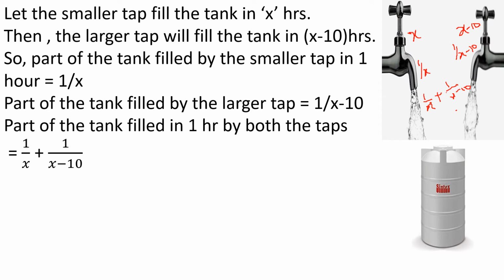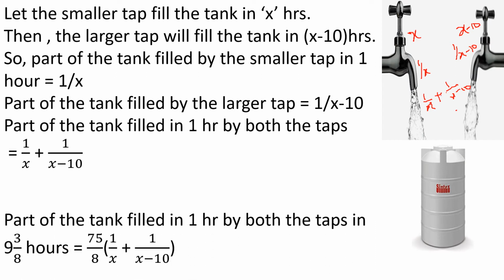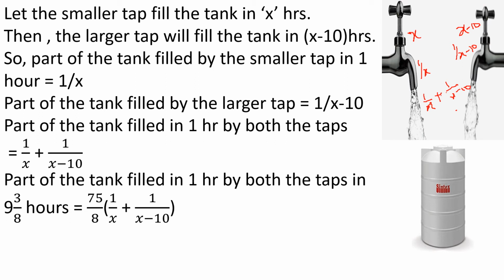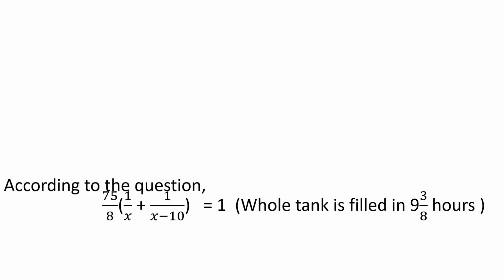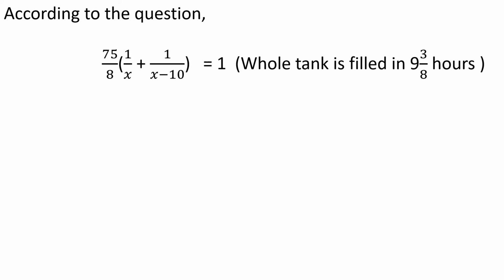The part filled in 1 hour by both taps is 1 upon x plus 1 upon x minus 10. Since the whole tank is filled in 9 upon 8 hours, we can write 9 upon 8 into (1 upon x plus 1 upon x minus 10) is equal to 1.